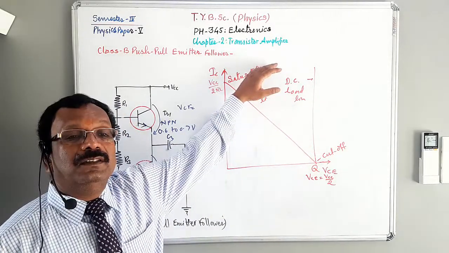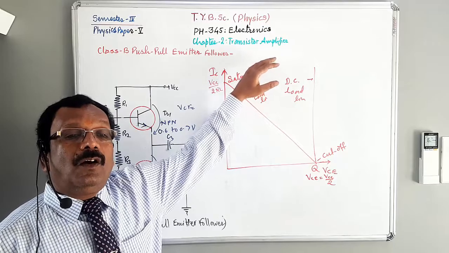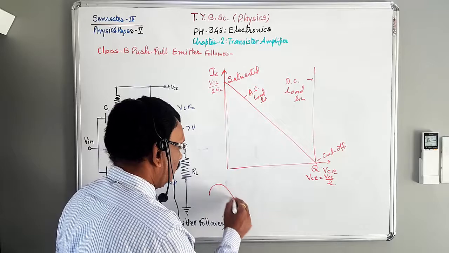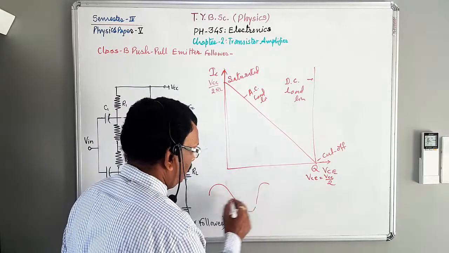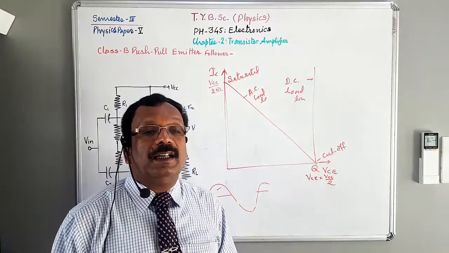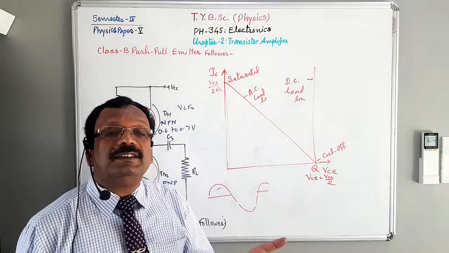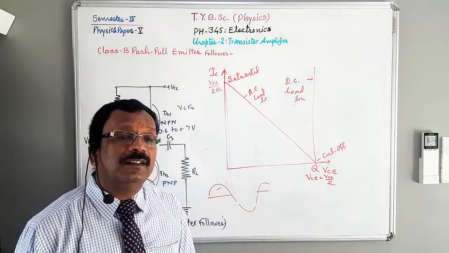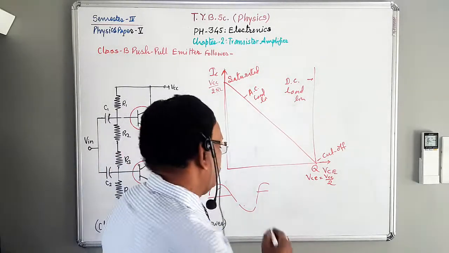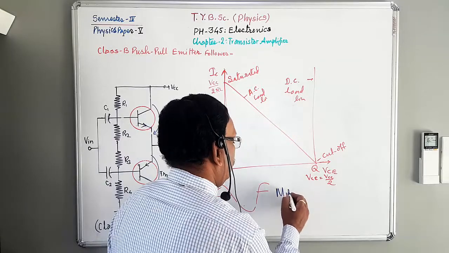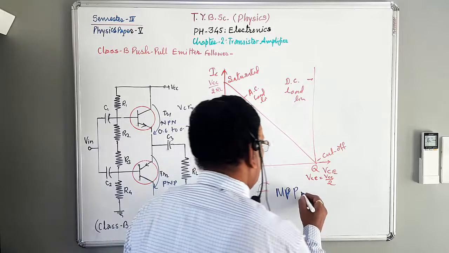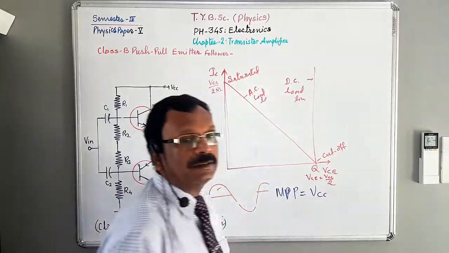On the alternate half cycle, the other transistor does the same thing, and therefore the maximum peak to peak output voltage, MPP, is equal to VCC.